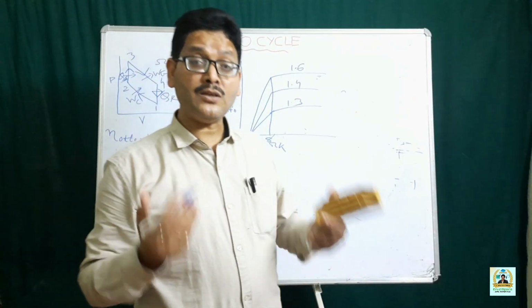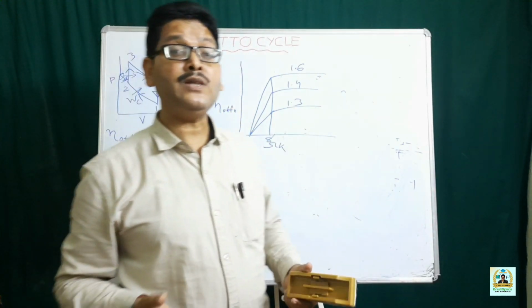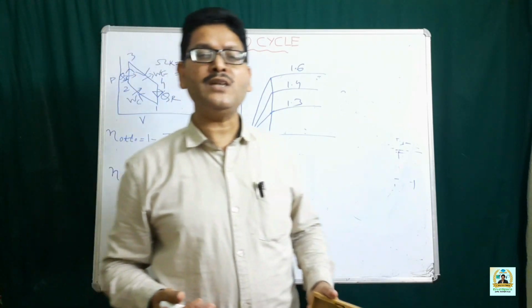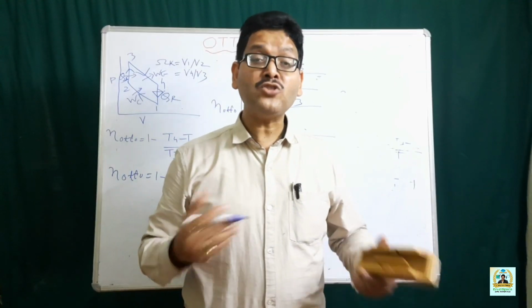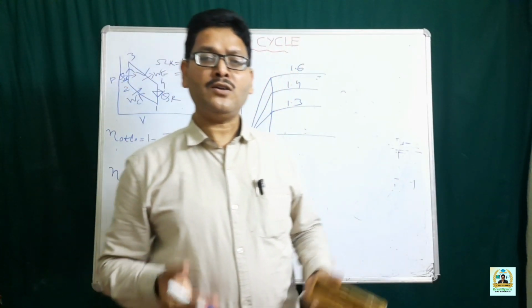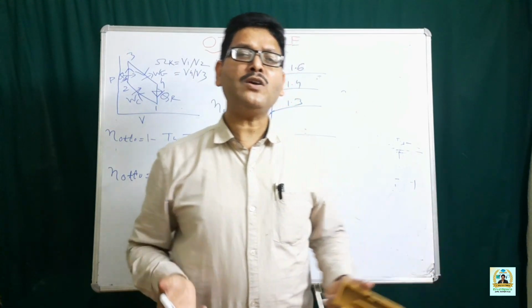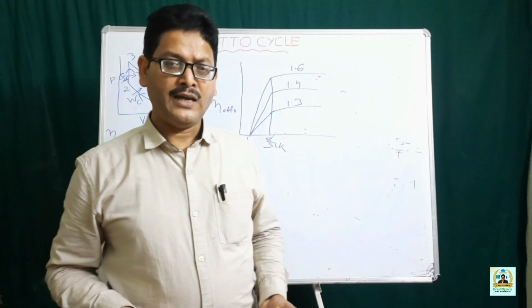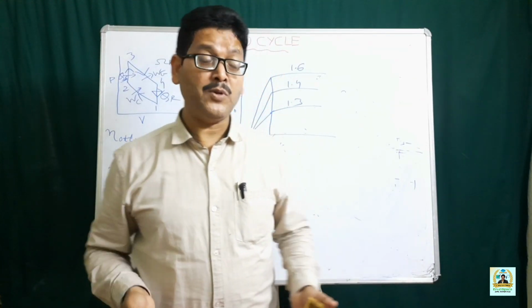And there are certain other problems associated with very high compression ratio, because if the compression ratio is very high, it may result in engine knocking or detonation. And engine knocking and detonation is an abnormal combustion process, and that is not at all desirable.